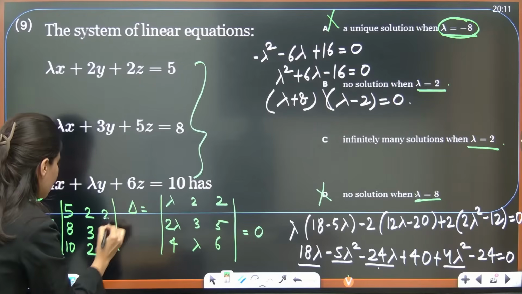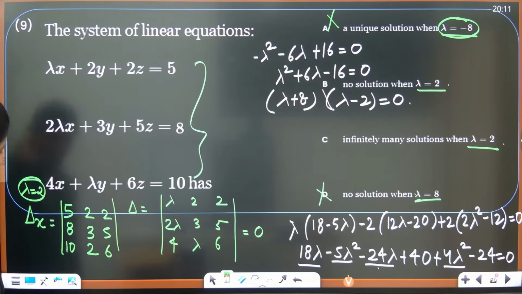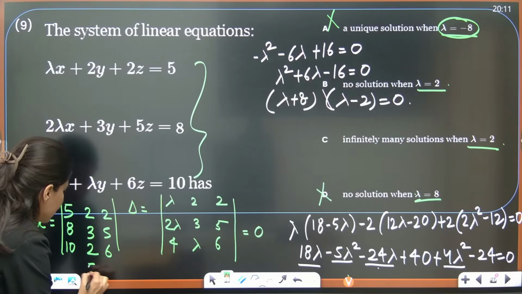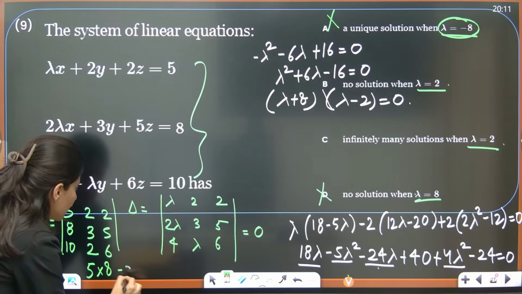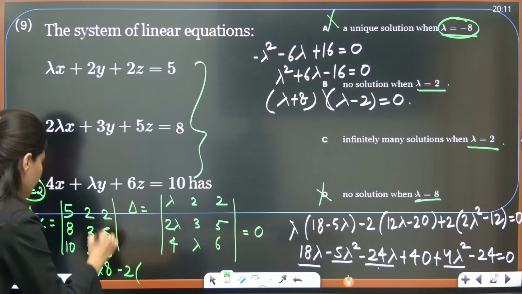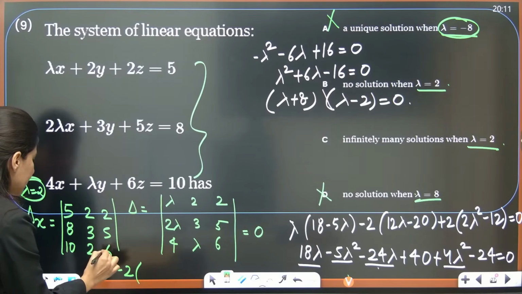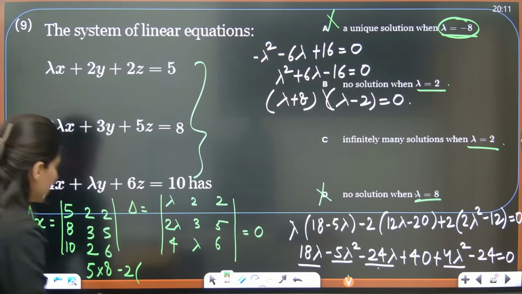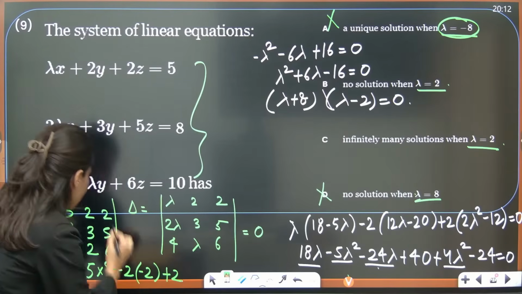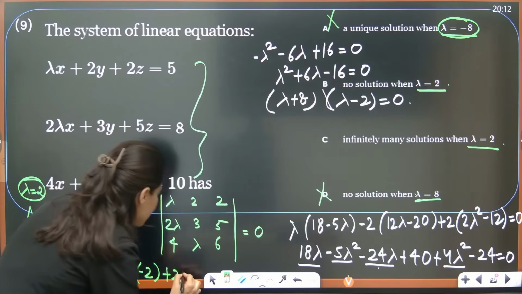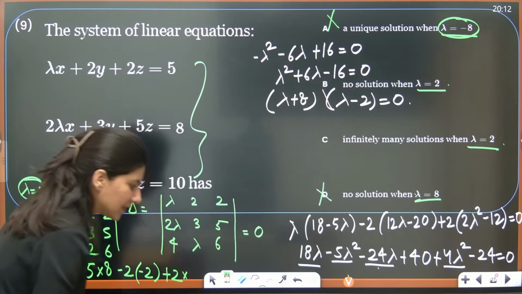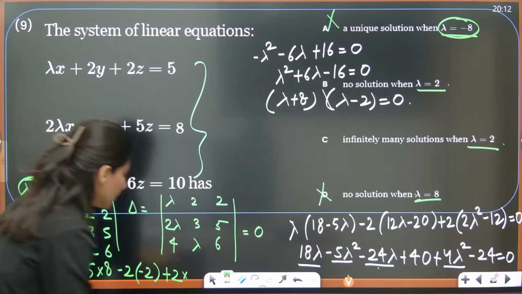2, 5, 6. Now if you open it, you will realize, let's open it. 5 is there, 6 3s are 18 minus 10, which is 8, minus 2, then 2 is there, 6 8s are 48 minus 50, so minus 2, plus twice of 8 2s are 16 minus 30, which is minus 14.